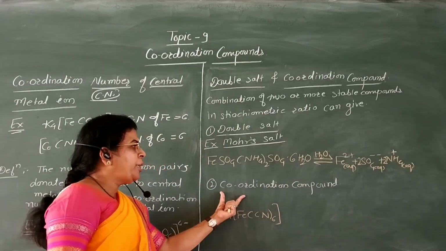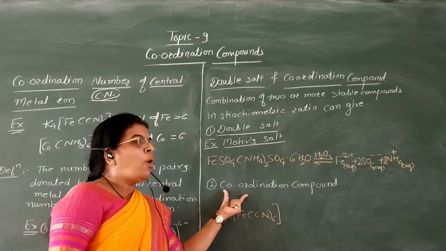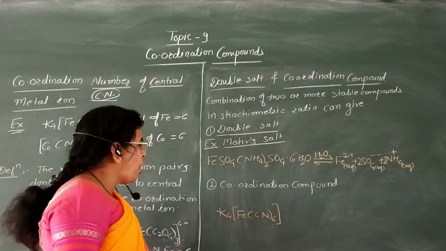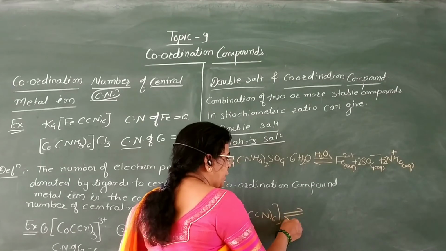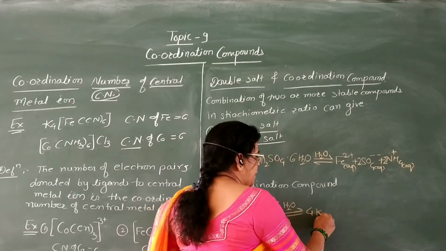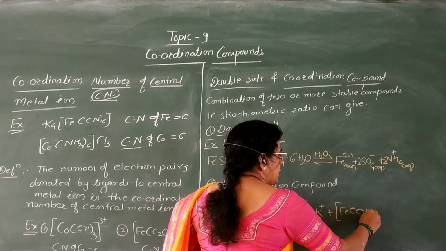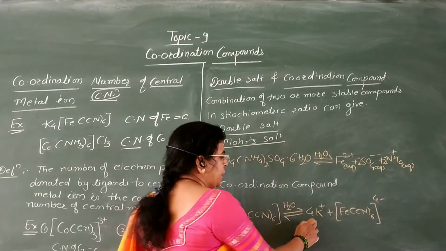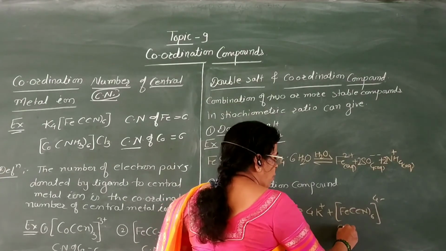Now, this coordination compound is also the combination of 2 or more stable compounds. Now when this coordination compound undergoes dissociation in water, then here we get 4K+ ions plus [Fe(CN)6]4- ions. That is, here the potassium ion is formed along with this complex ion.